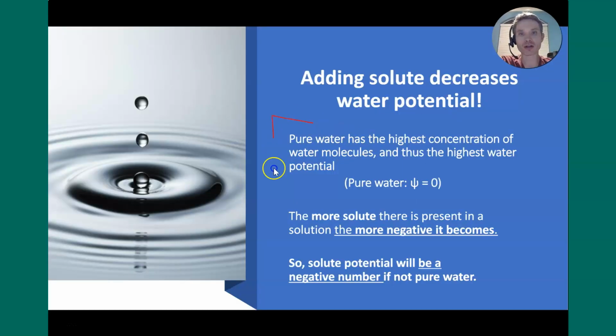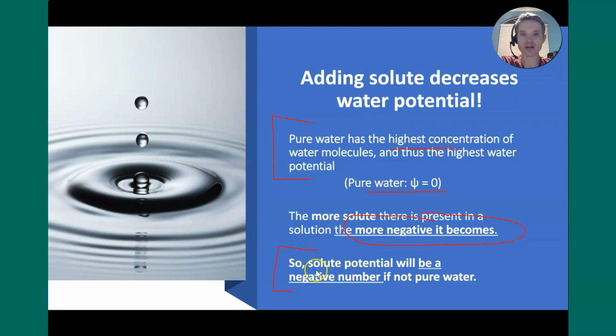Fresh water or pure water has the highest water potential, which we call 0. Adding solute to that water decreases this potential, and therefore it becomes more negative. So when we talk about water potentials, a lot of the time we're looking at negative numbers. Don't get mixed up with that.